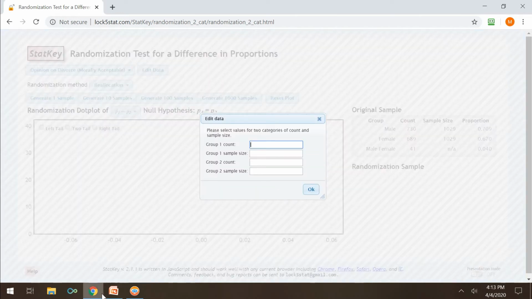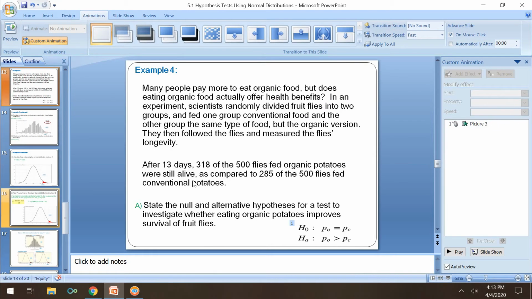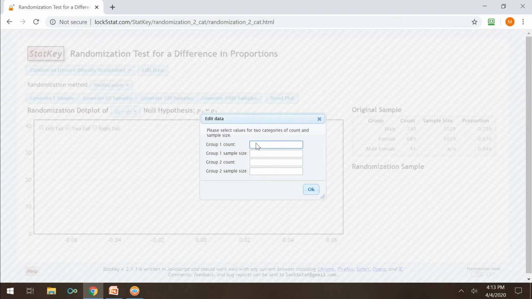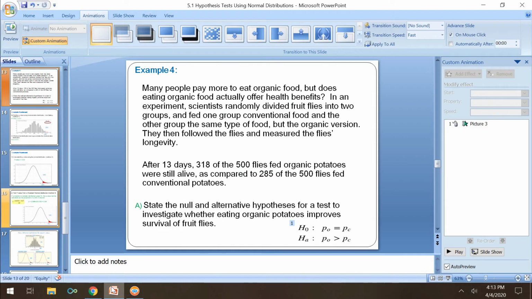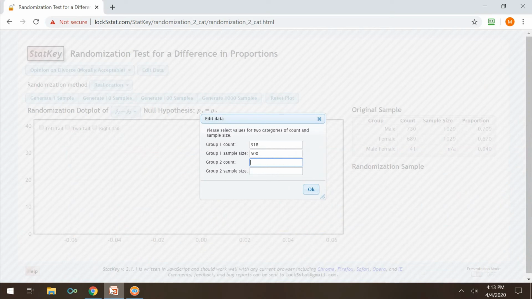For now, we have P1, the flies that ate organic potatoes, were 318 out of 500. So you will enter 318 out of 500. The other group, or group 2, the flies that ate conventional potatoes, were 285 out of 500.